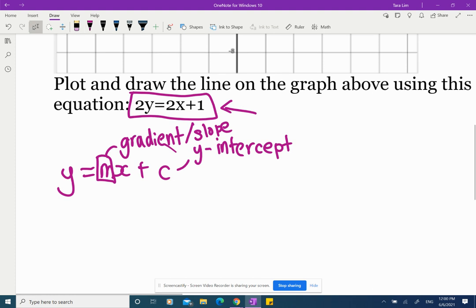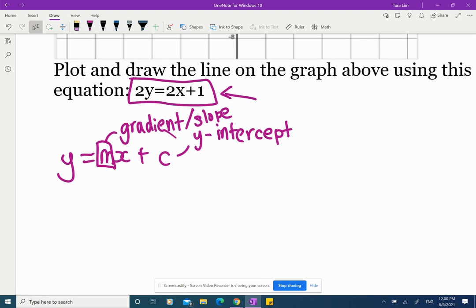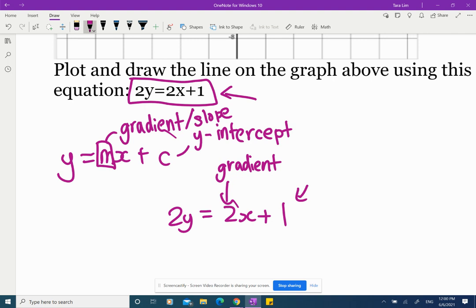So first of all, we need to know what is what. So 2y equals 2x plus 1. This is the gradient, and this is the y-intercept.